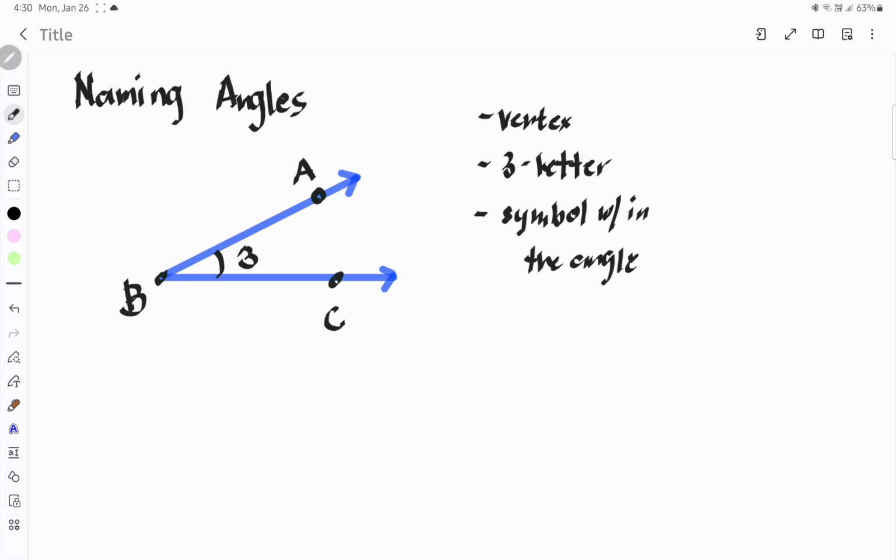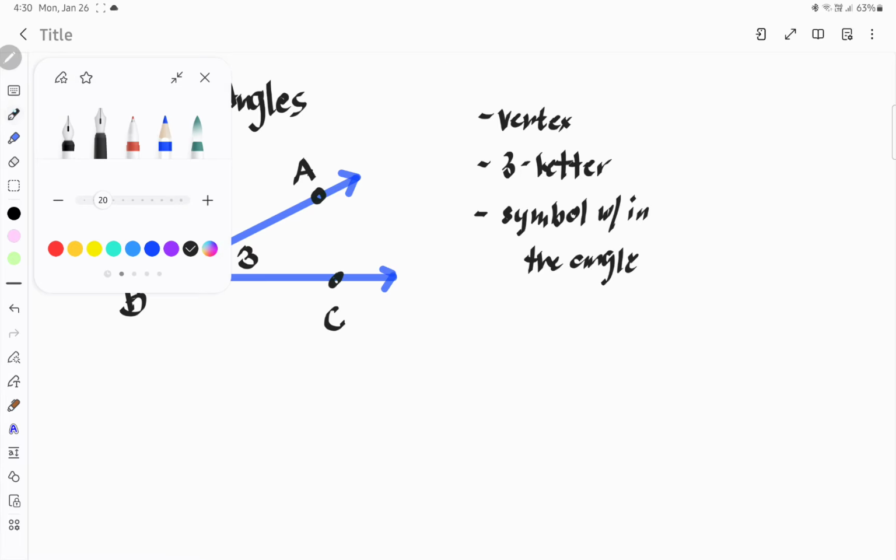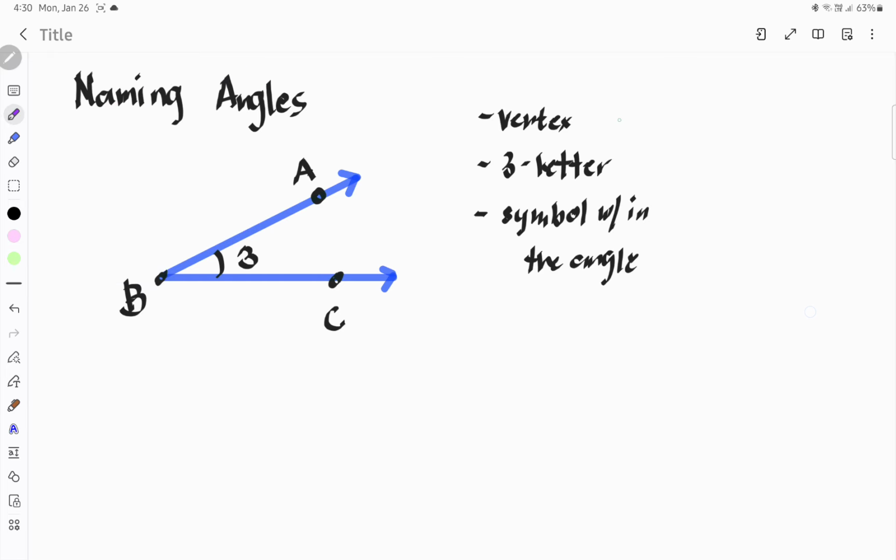Let me change the color of the pen. You can technically write angle B, because B is the vertex. Remember, if B is the vertex, that's how you can do it.